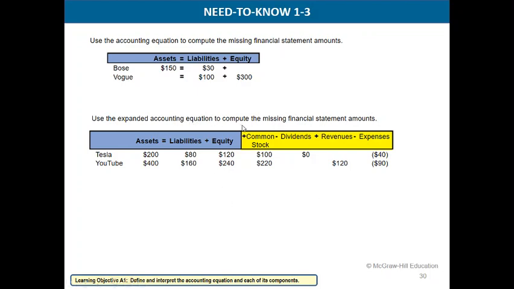Here we have an expanded accounting equation to compute the missing financial statement amounts. So here assets equals liabilities plus equity, and the equity is made up of this, this, this, and this. So you've got common stock of 100, no dividends.